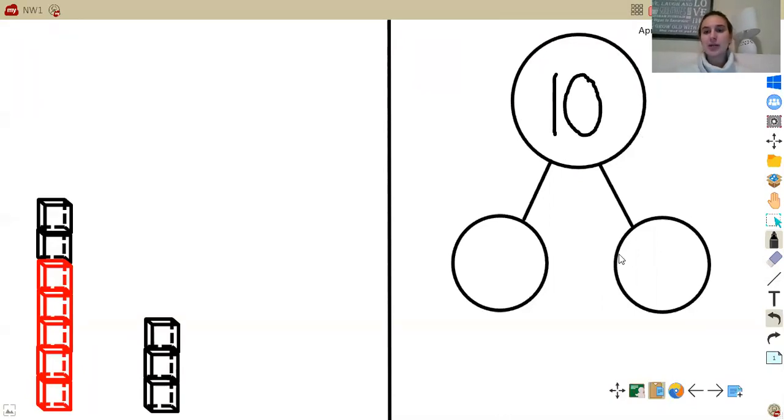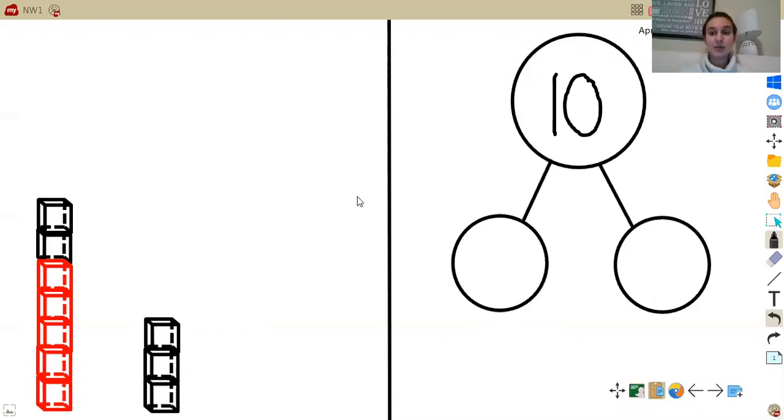And then my two little circles, these are my parts. So how many cubes do I have left over? This column right here is my leftover column.